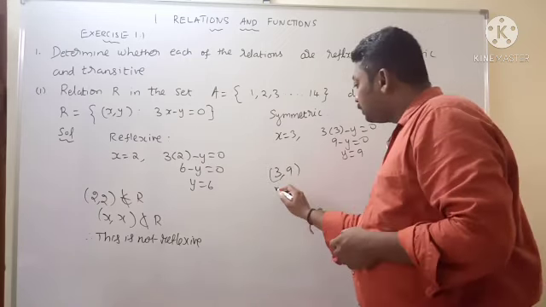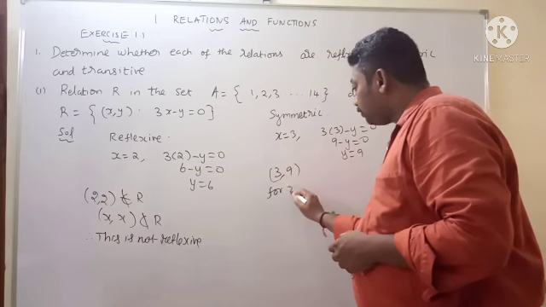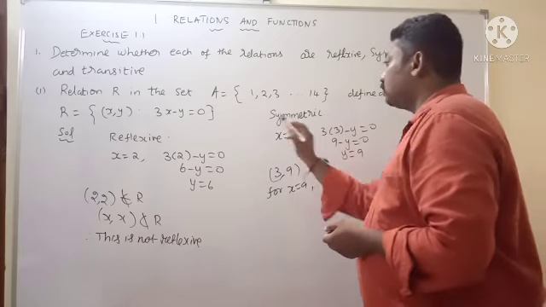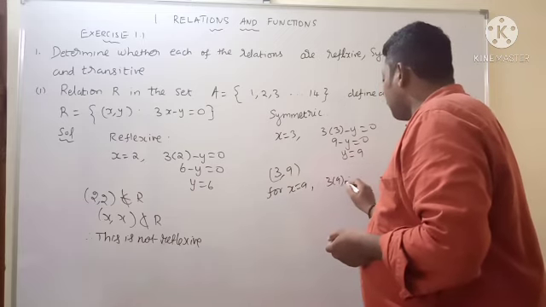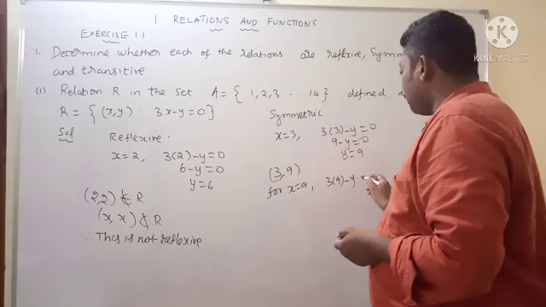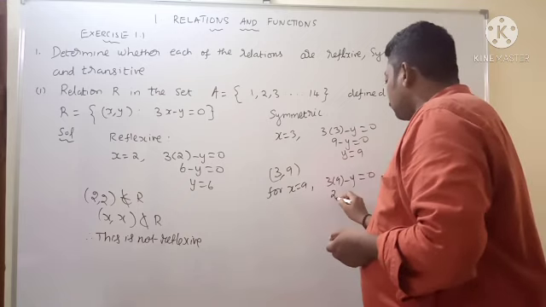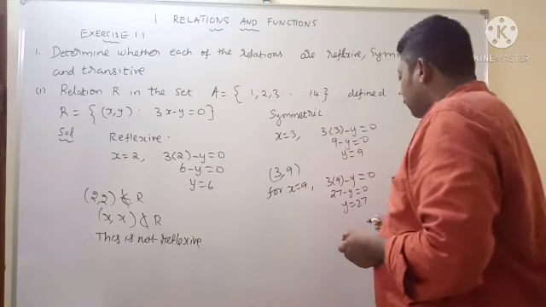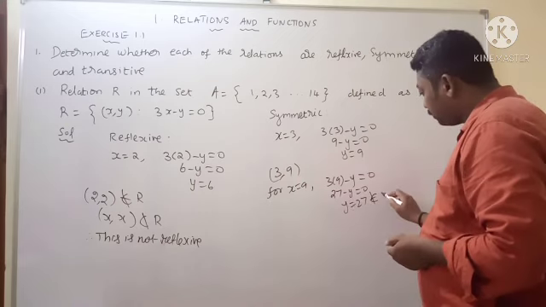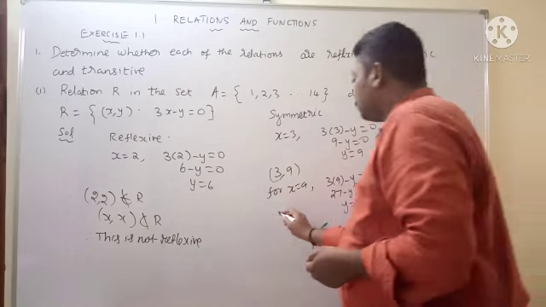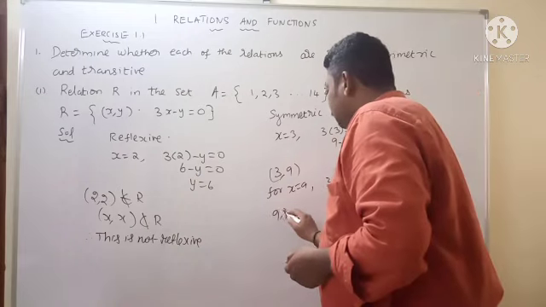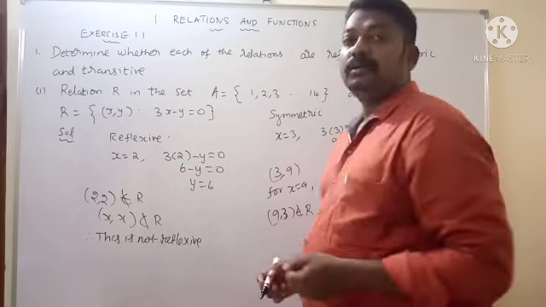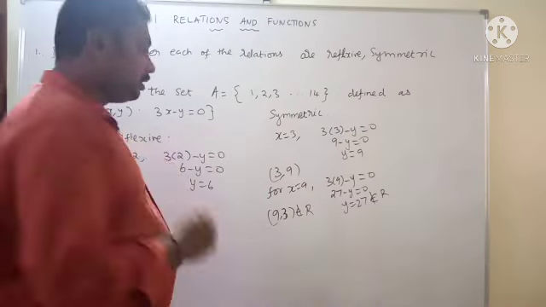For the image 9, we should get 3, right? Let's check. 3 into 9 minus y equal to 0, 27 minus y equal to 0, y equal to 27. So (9, 3) does not belong to R. Therefore, this is not symmetric.